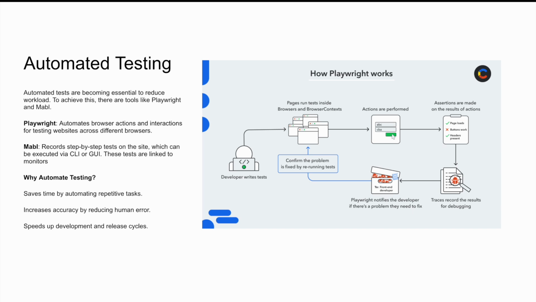So why do we need to incorporate this testing into our work? It's very crucial because it saves time by automating repetitive tasks, and it helps you also to reduce human error and to improve accuracy. And it speeds up the development and release cycles.